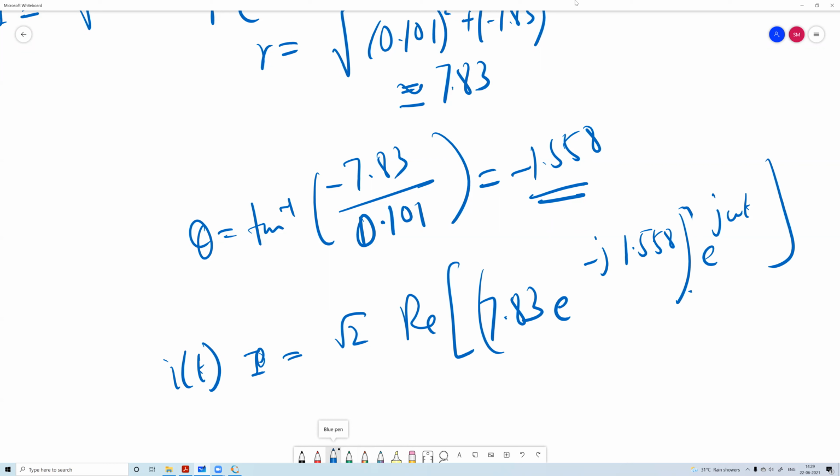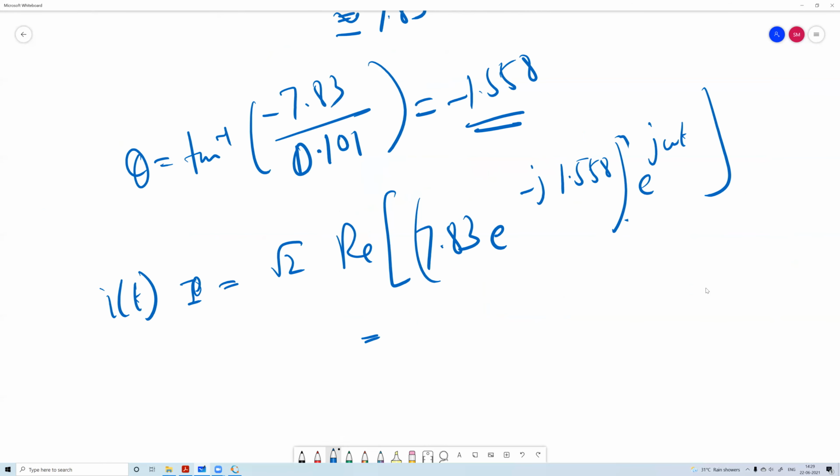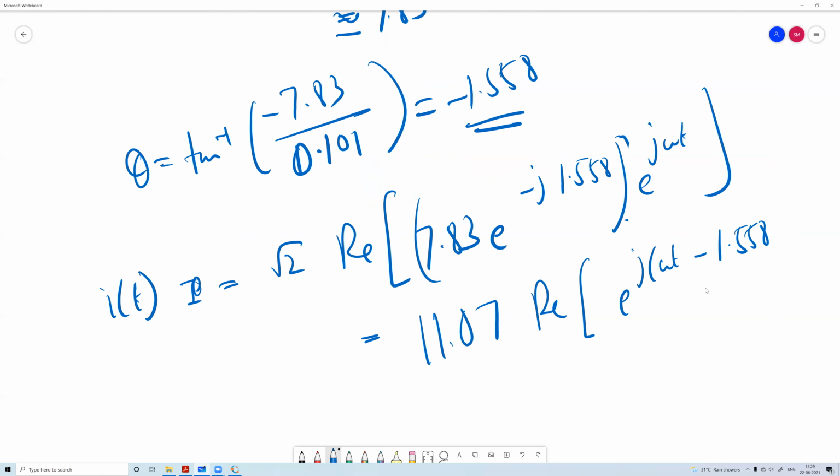Okay. So 7.83 root 2 is 11.07. So this is 11.07 real part of e to the power of j omega t minus 1.558.